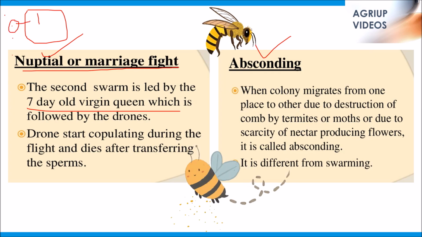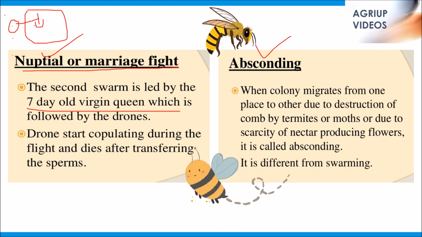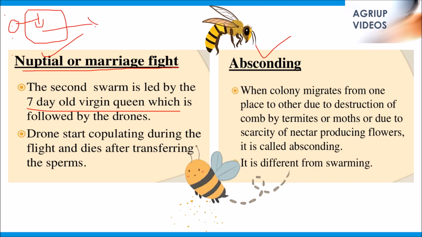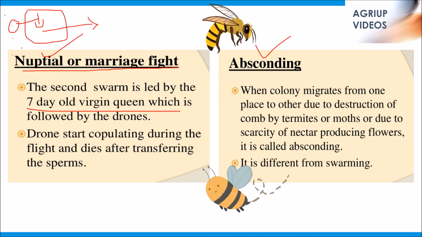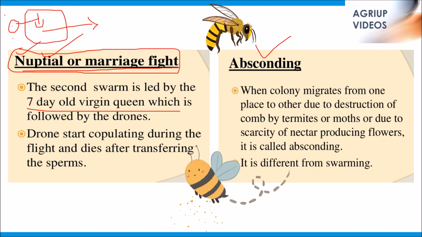One drone will be able to fertilize this queen, and while transferring sperms to the spermatheca, the drone will die in this event. I will take this in much more detail further, but just remember this flight, which happens approximately 7 days after the emergence of a virgin queen. This is called a nuptial flight.